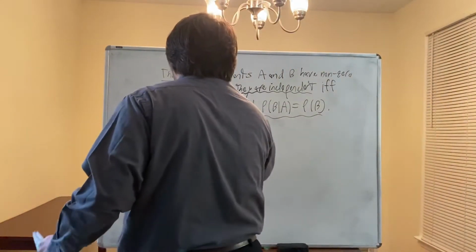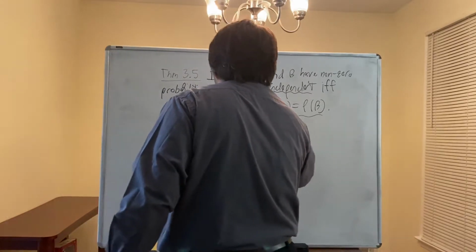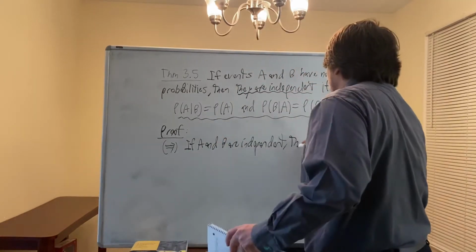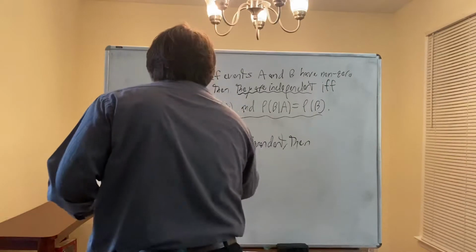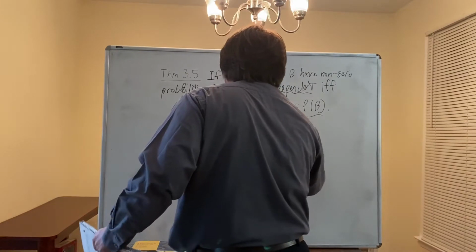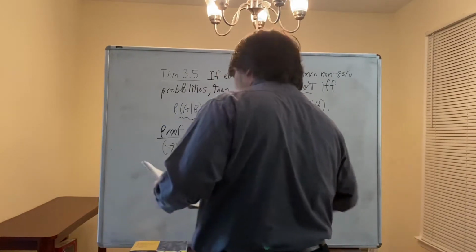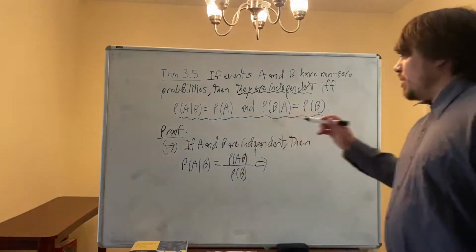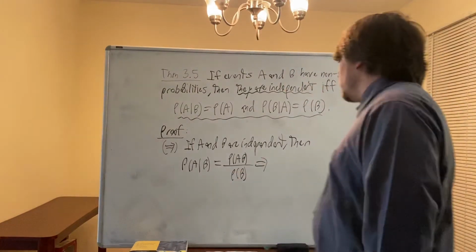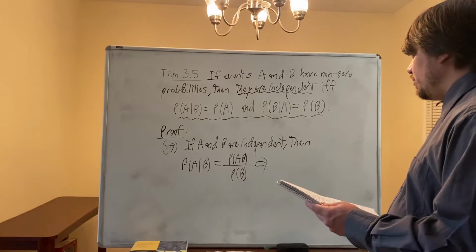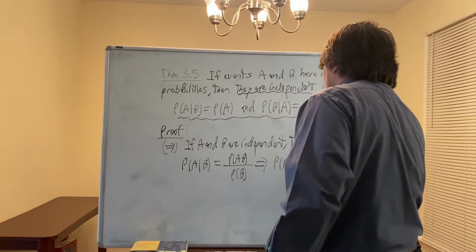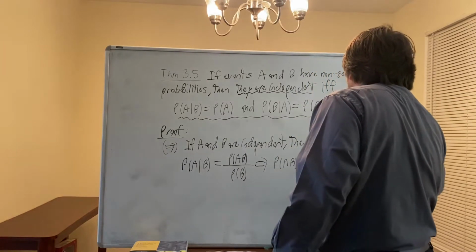So if A and B are independent, then the probability of A given B is equal to the probability of AB over the probability of B. That implies that the probability of AB is equal to the probability of A given B times the probability of B.